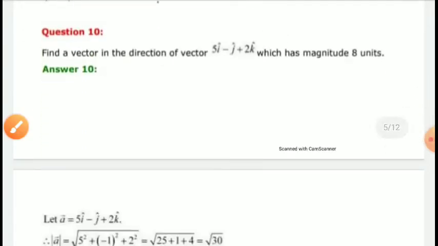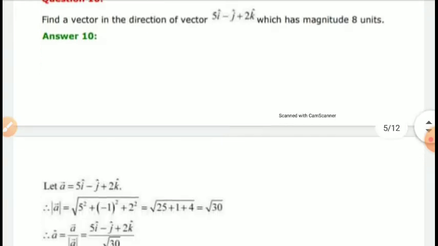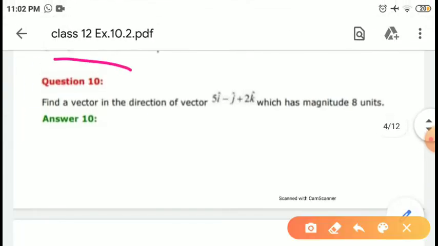Now the 10th question is given: find the vector in the direction of the given vector which has the given magnitude. It's a very interesting and important question. Everyone please note this question as a very interesting, important question. From an examination point of view, this is very important.